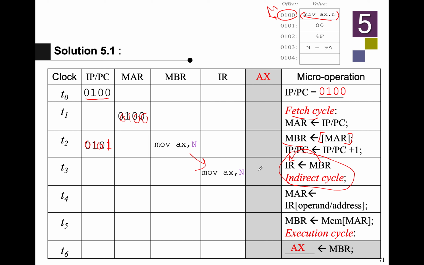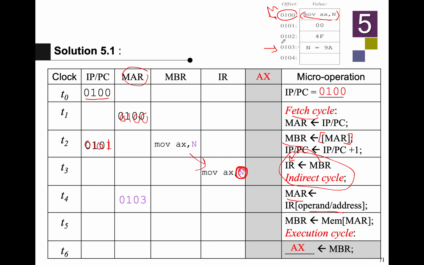Next, you're going to see that you have MAR. Your IR operand's address. So over here, you need to see the address of your N. Let's say your N is at this address. So you're going to find the address of 103.